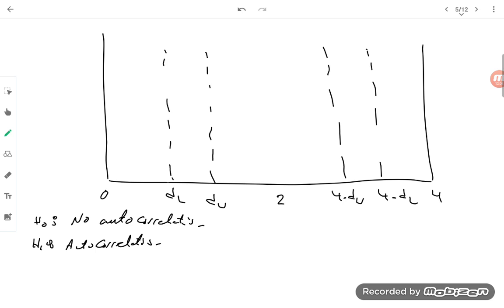If the value is lower than the lower limit, we are going to reject H node, and there is a positive autocorrelation. If it is from 4 minus the lower limit to 4, we are going to reject H node, and there is negative autocorrelation.